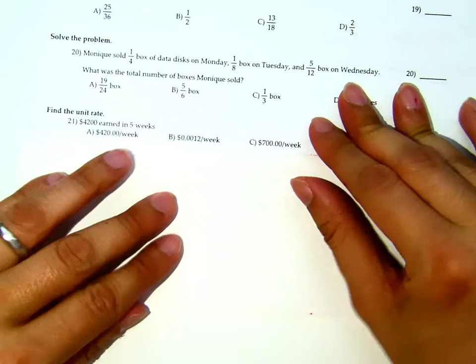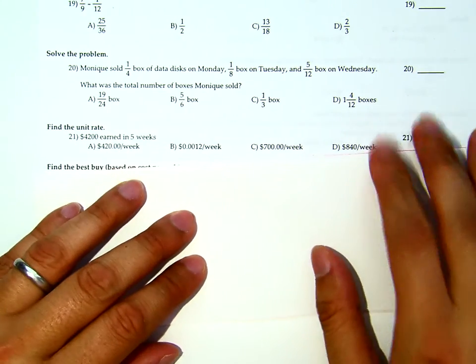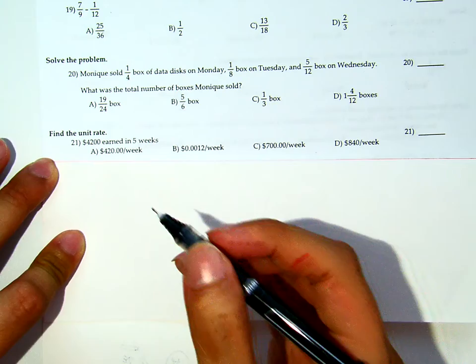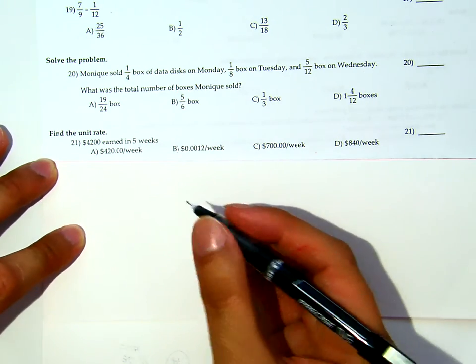Number 21: find the unit rate. $4,200 earned in 5 weeks.